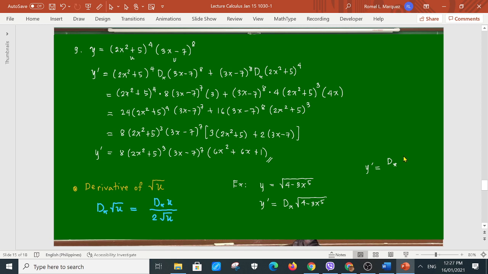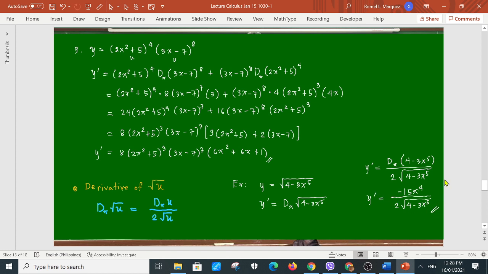I'm doing it step by step, but you can do it mentally as you become familiar. The derivative of 4 minus 3x to the fifth is negative 15x to the fourth, all over 2 square root of 4 minus 3x to the fifth. This is y prime.